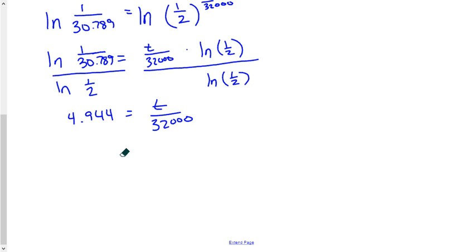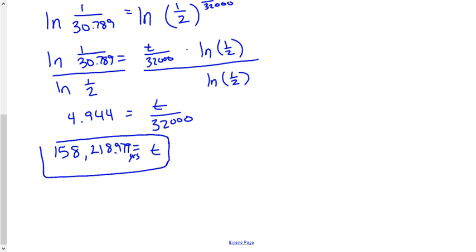Then we'll multiply both sides by 32,000. And I got 158,218.979 years. Wow, that's a long time relative to my life.